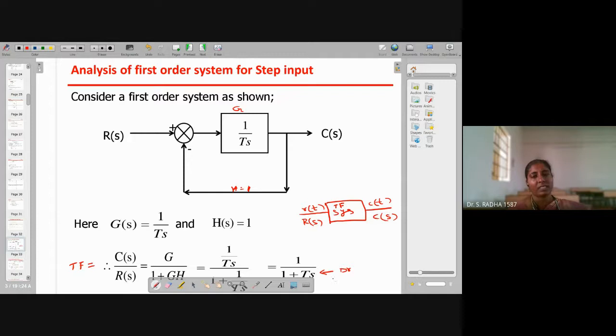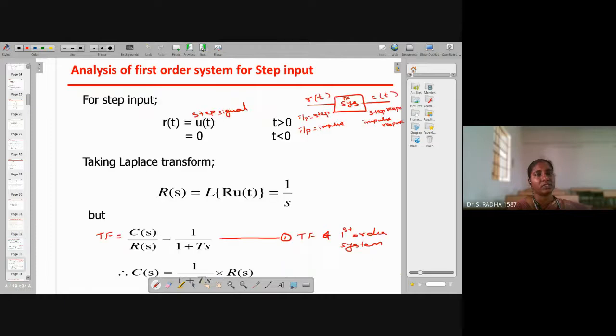The highest power of s in the denominator is called the order of the system. Order is nothing but the denominator's highest power of s. Here s power 1, so it is a first order system. In equation 1, the denominator's highest power of s is 1, so it is a first order system.